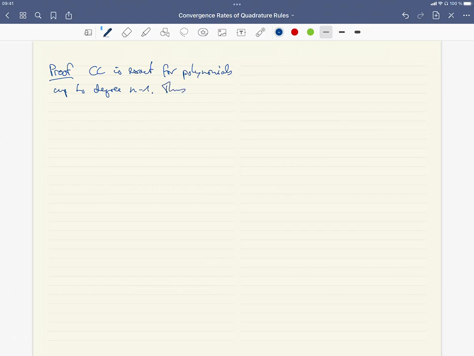Thus, when I do the following thing, I express the error as, well, I can expand my function in terms of Chebyshev polynomials, and then I just need to apply the error to every Chebyshev polynomial.